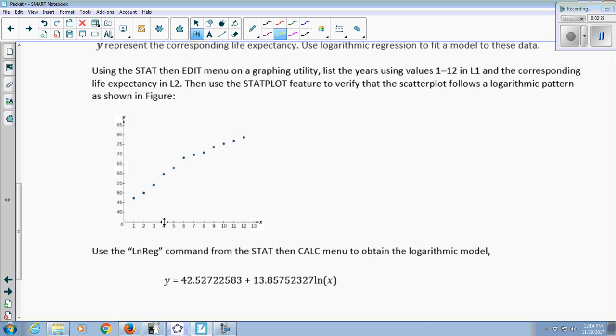You're not going to be asked to perform any kind of regression on any quiz or test or the final, but you will be asked to analyze a regression model that's given to you by using it to make predictions, by talking about whether it's a good fit or not. So the actual technicalities of how to produce this formula aren't going to be super important. So you can use a graphing calculator or GeoGebra for today.